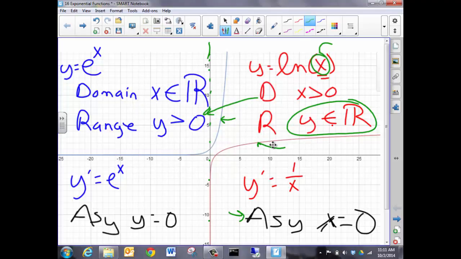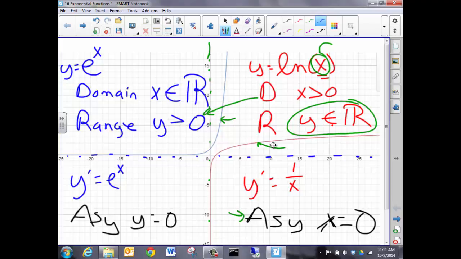So the exponential function is always going to be above the x-axis. The domain is all real numbers. We can put any number into an exponential function, but we can get out any number with a logarithmic function. And the asymptote for the exponential is the x-axis, instead of the y-axis. All right? So they're reverses of one another. They are inverses of one another.